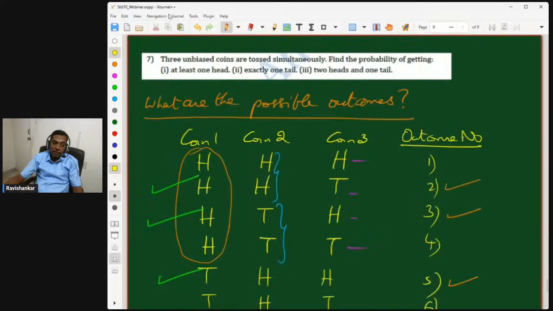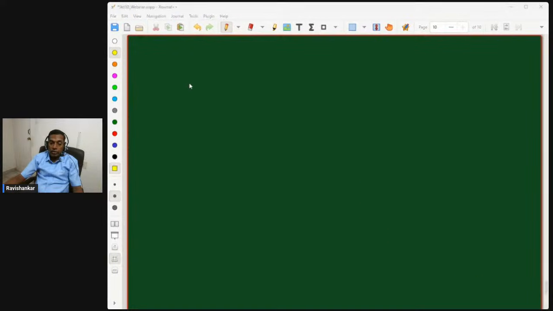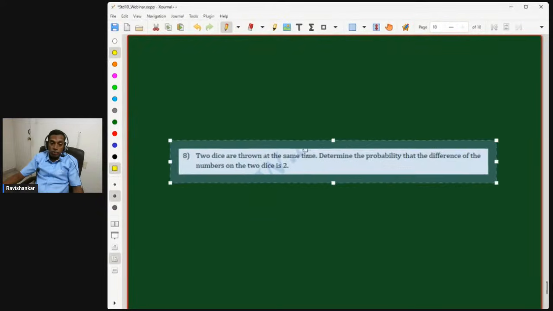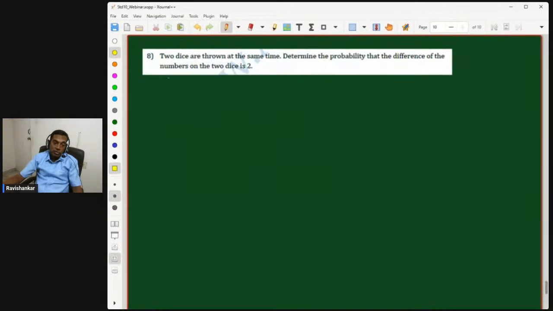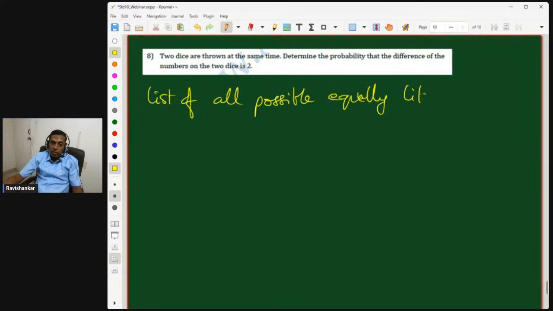Okay. Now you go ahead and do question 8. That is the last question. Here, when you throw 2 dice, the most important thing is the list of all possible equally likely outcomes. If you understand this, then the 2 dice problems become very, very easy.